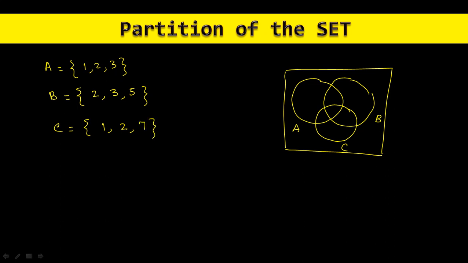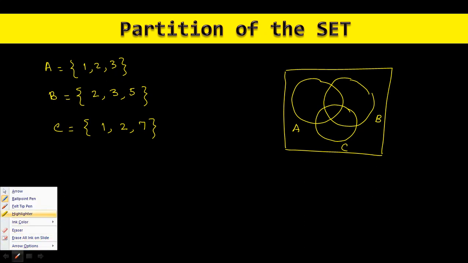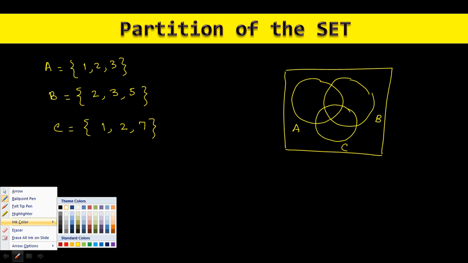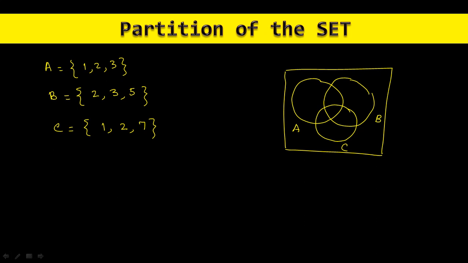Suppose these are the elements. Now, let's represent these elements. Okay. Inside Venn diagram, first of all, what are the elements which are common to all the 3 sets? I think this element is 2.